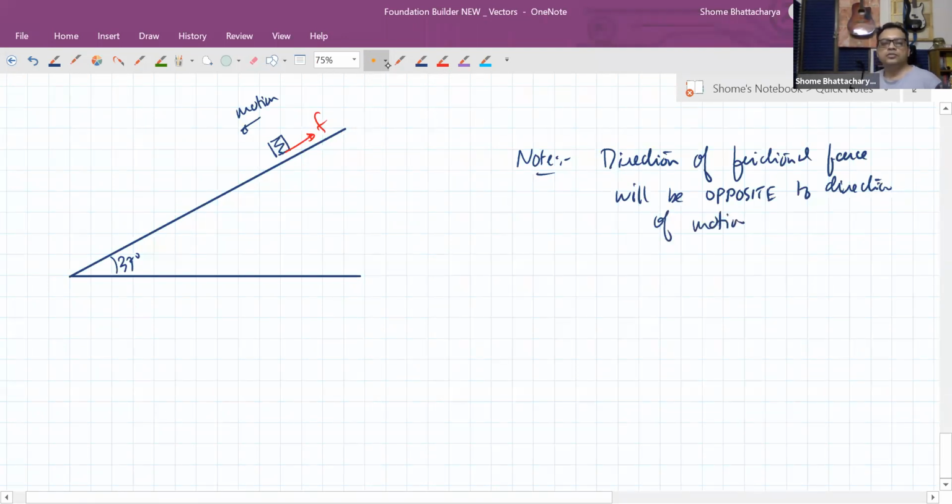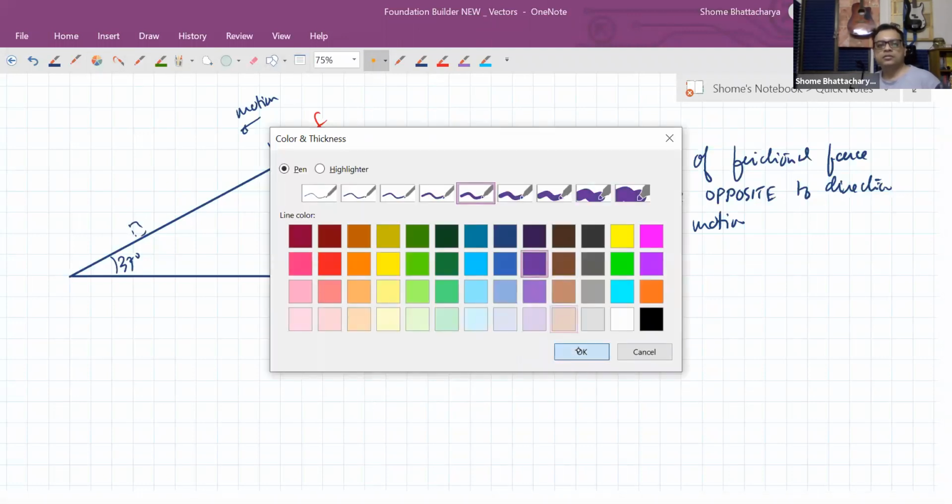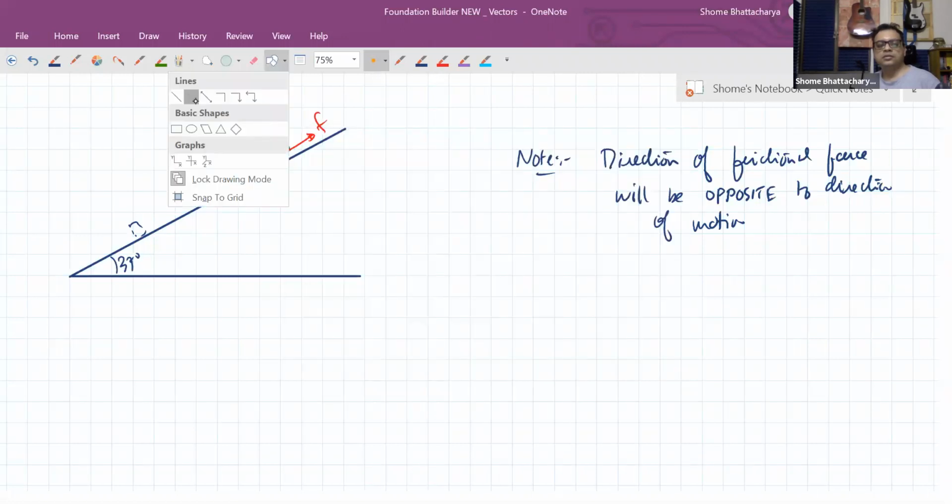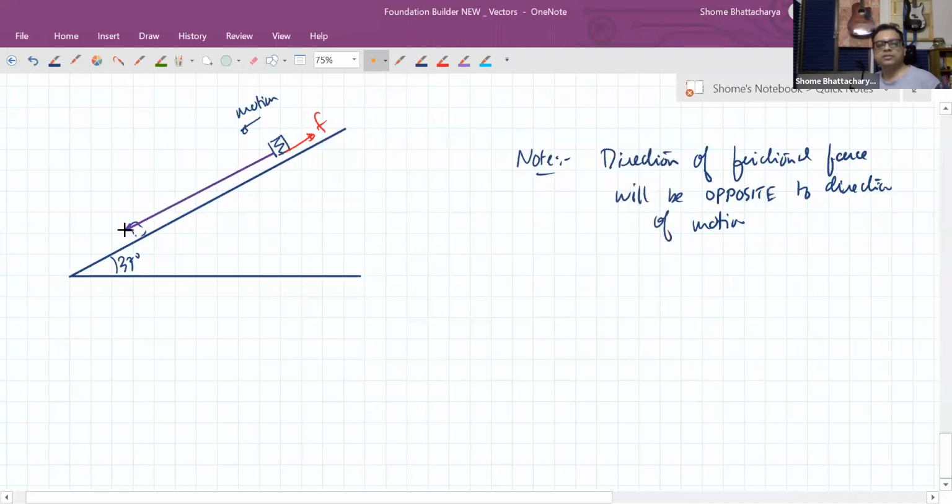Now as the body is moving from here to here, your displacement vector is in this sort of direction. So in this case, the angle between the displacement vector and the force vector is 180 degrees.